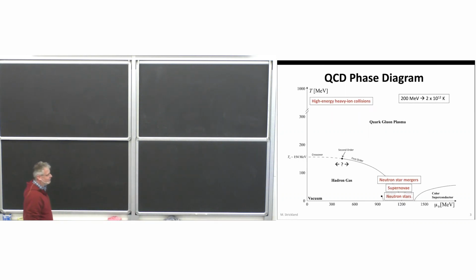So many of you may be familiar with the QCD phase diagram. If not, you're going to see it again. This is my very plain version of it. Here is the temperature axis. Here's the baryochemical potential axis. Over here exist interesting things like neutron stars, supernova, neutron star mergers.